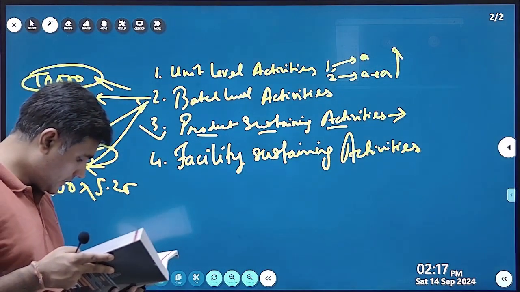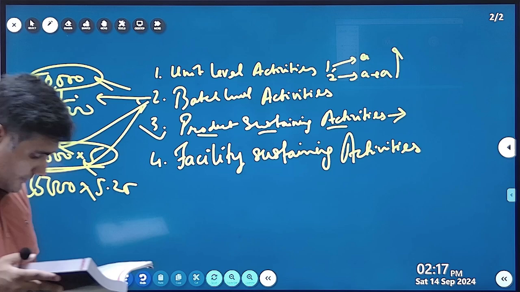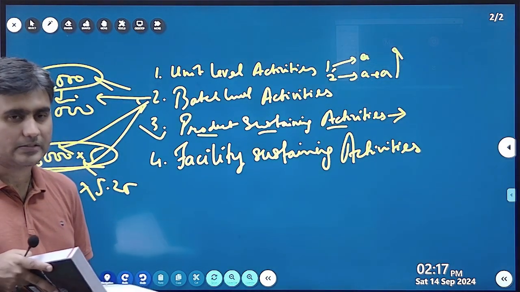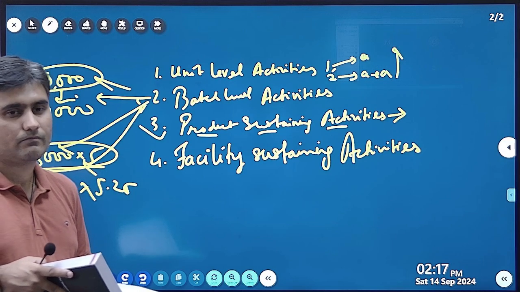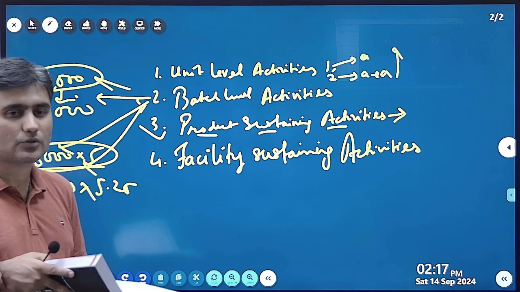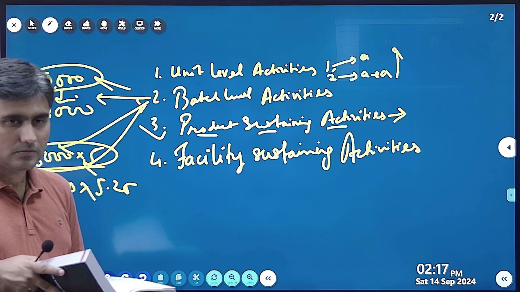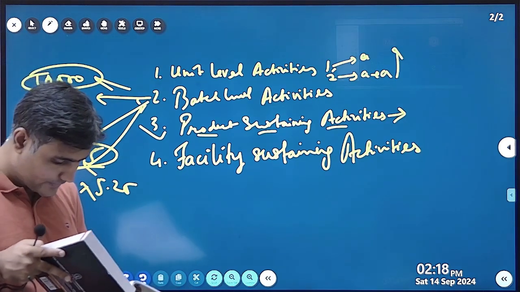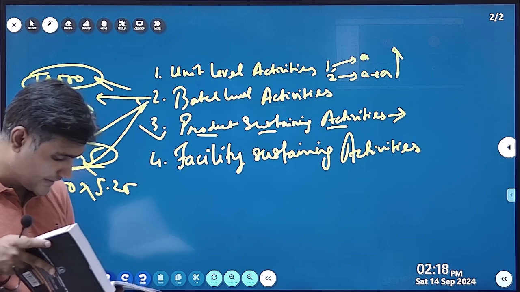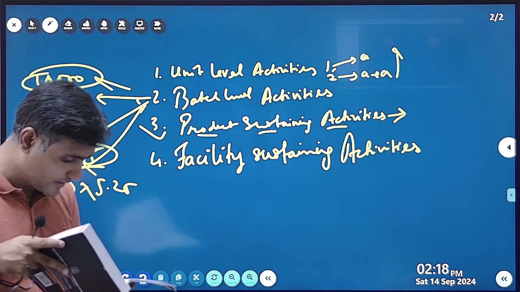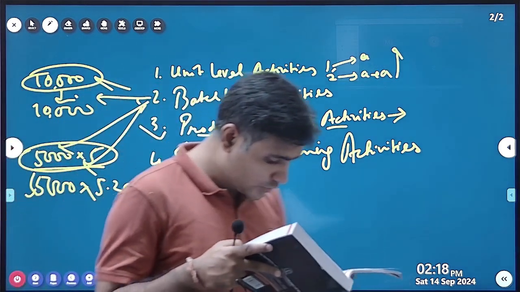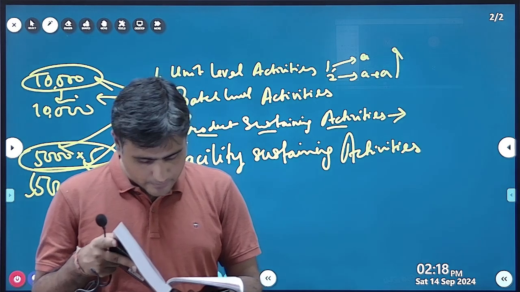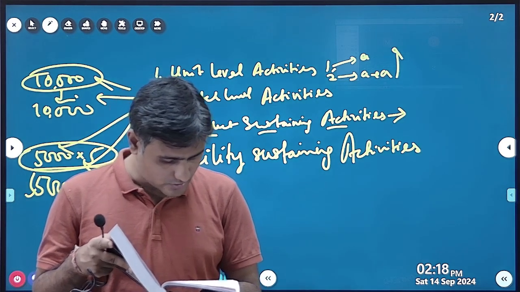Then there will be the facility sustaining activities or business sustaining activities. Facility sustaining activities, the watchman. The watchman is common for all, right? But he is not related to anything. They are performed to support the facility's general manufacturing process and include general administrative staff, plant management and property cost.